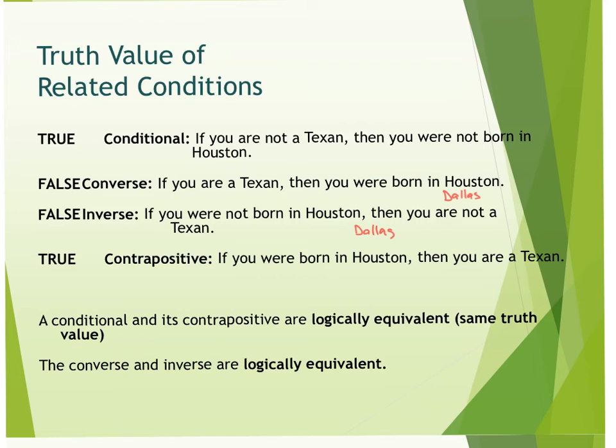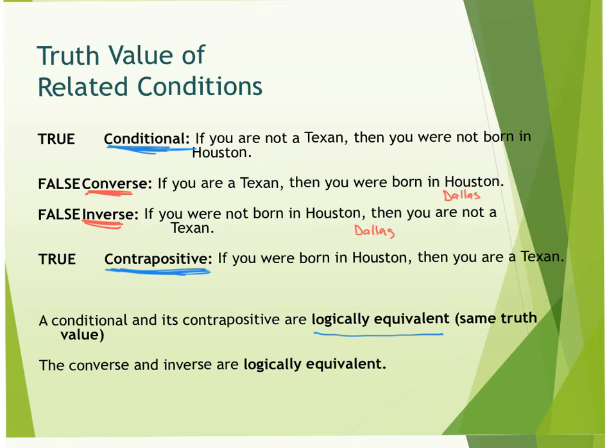Now, something to notice here about these truth values. The conditional statement and the contrapositive statement will always be logically equivalent. So if the conditional is true, the contrapositive is true. If the conditional is false, the contrapositive is false. Likewise, the converse and the inverse are logically equivalent.